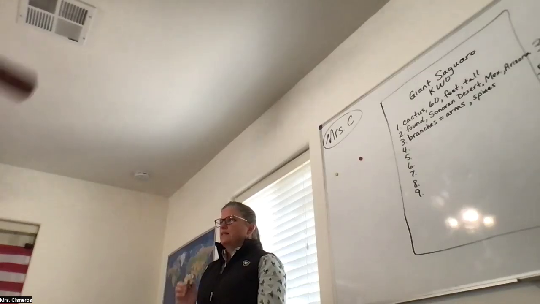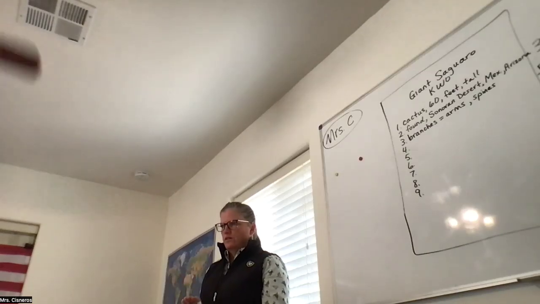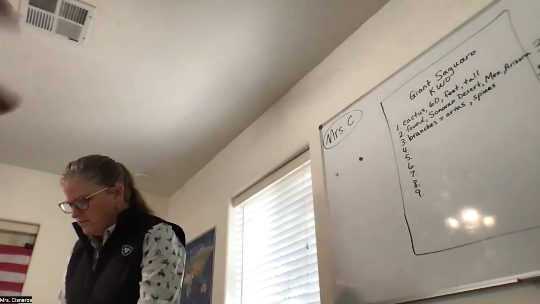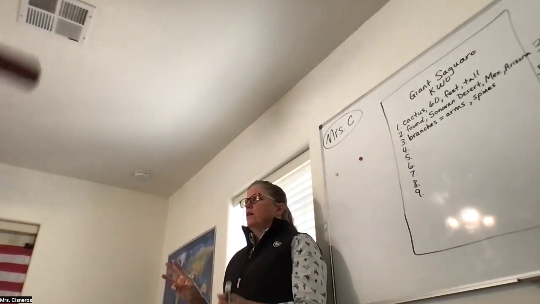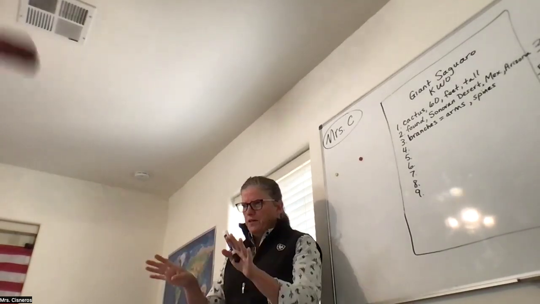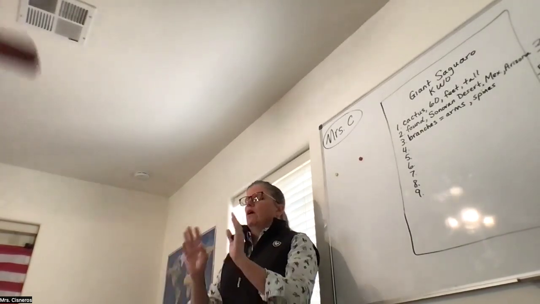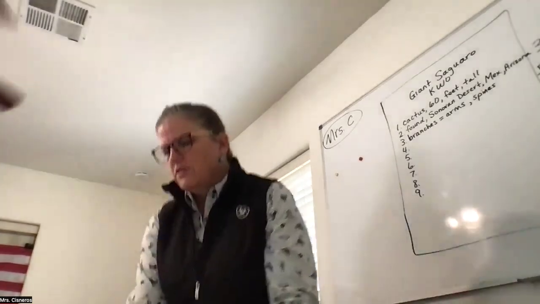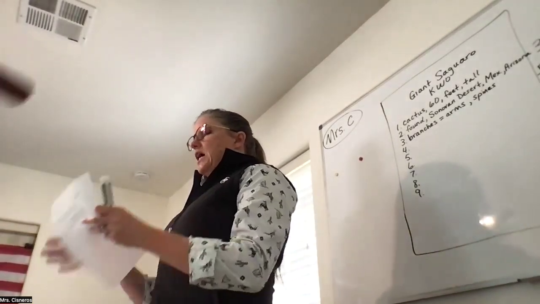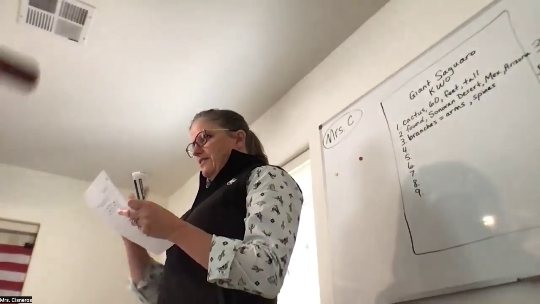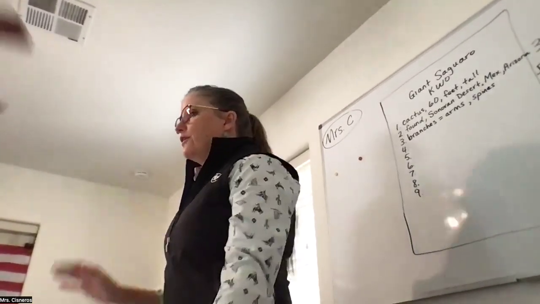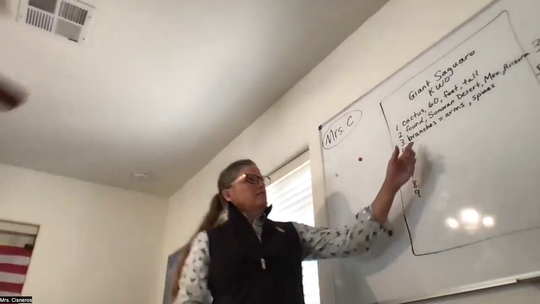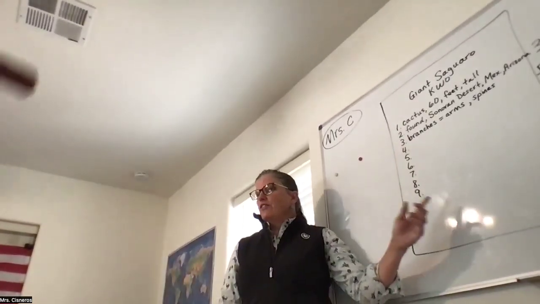Okay, so this is the second part of your homework. The first part, well, I should say the third part. Okay, so the very first part is your grammar. You know that, right? 10, 11, 12. The second part is the dog in the shadow, telling it to your parent, right? You're gonna tell it to them, and then they're gonna sign it. Remember that? The third part is finishing the keyword outline.